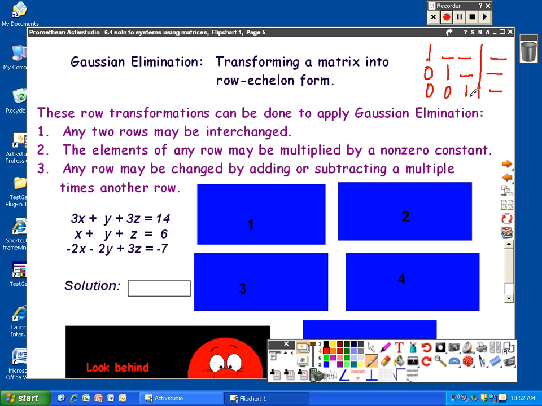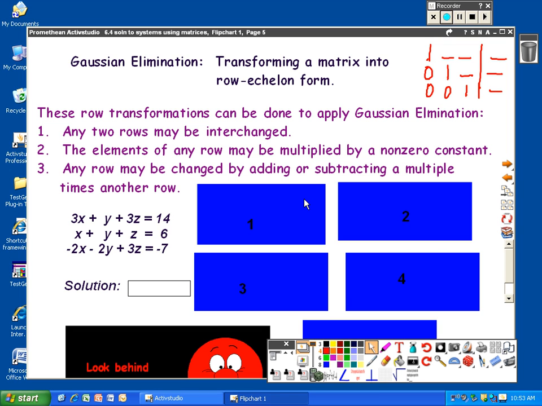So the method I've chosen for this system of 3x plus y plus 3z equals 14, x plus y plus z equals 6, negative 2x minus 2y plus 3z equals negative 7 is this. I did not choose to do this, but we could have just switched these two around and I would have a 1 right there. First time I did it, I didn't see that.